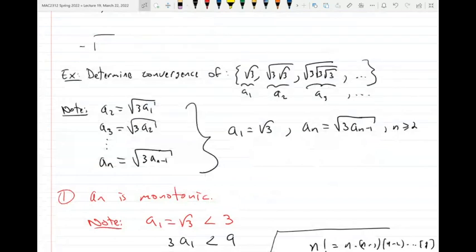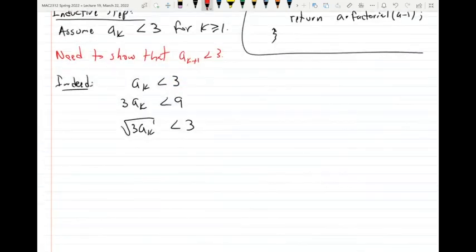Remember, that's how we define the sequence, right? So to get a term, what we do is square root of 3 times the previous term, right? Do you understand this? Yeah. So if this is k, notice that this n really is plus 1, right? If this is k, then this will be k plus 1, right? So this is exactly the next term, ak plus 1. So we have that ak plus 1 is less than 3.